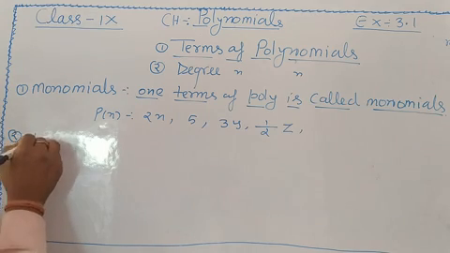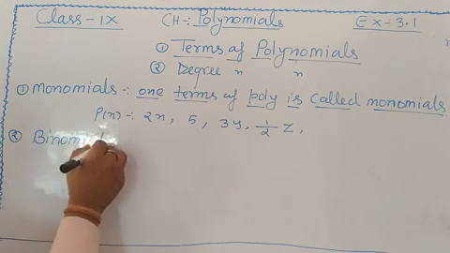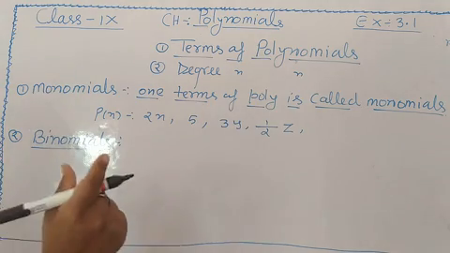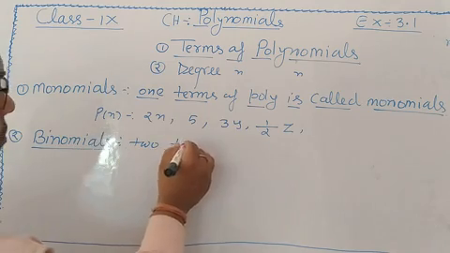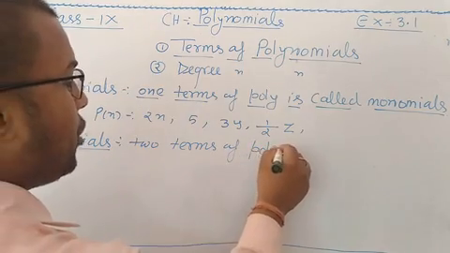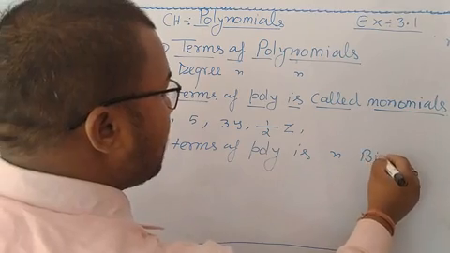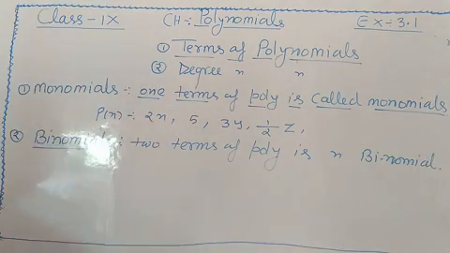Number 2, binomial. A binomial means a polynomial that combines two terms, meaning two terms of a polynomial is called a binomial.